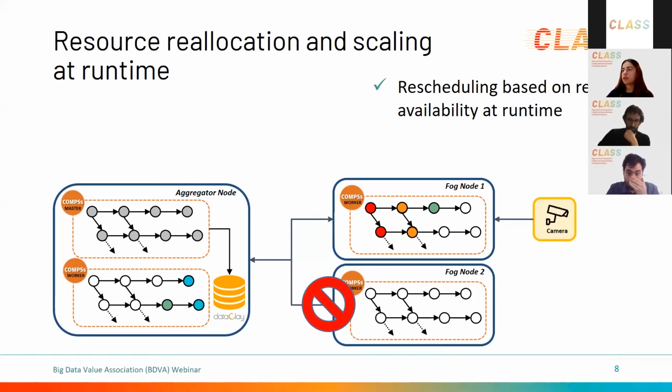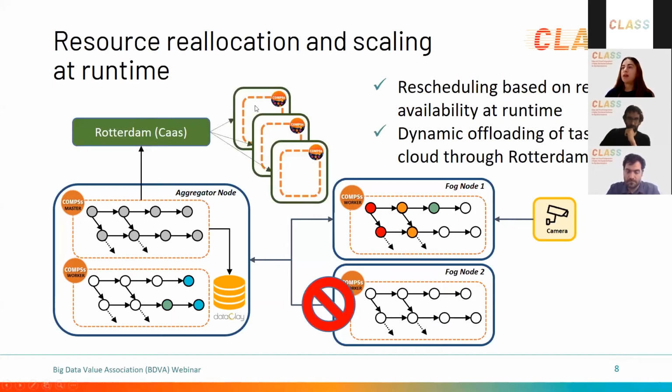Also, another feature that my colleague Ruth will explain later is that we can also have dynamic offloading of the tasks to the cloud. For the object detection use case specifically, we only use the edge resources, at least up to the tracking and creation of the snapshot, because we want the computation to happen at the edge.